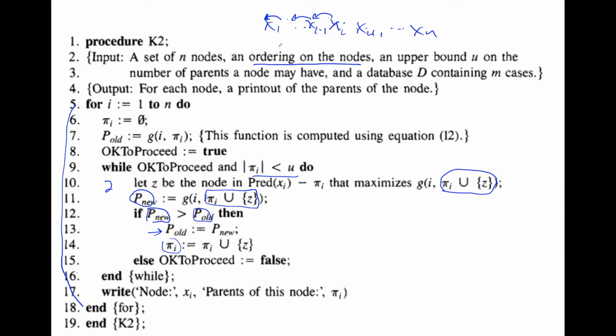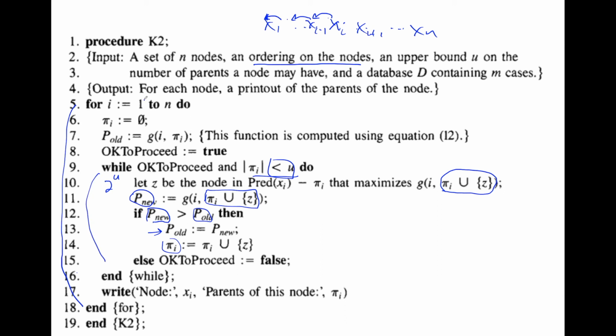You can do this by looking at the immediate predecessor, and then the one before, and the one before, and the one before. And then you're only going to add enough predecessors until you have U. So that's going to be 2 to the U. And since U is fixed, that is polynomial. So we have this step in this while loop that runs in polynomial time.